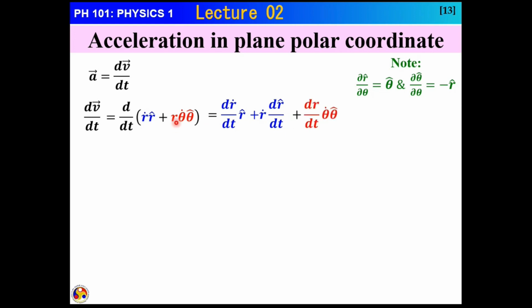The third term is r dot theta dot, theta cap. Then r theta double dot, theta cap, and r theta dot times d theta cap by dt. So in all these terms, everything is clear except these dr cap by dt and d theta cap by dt.